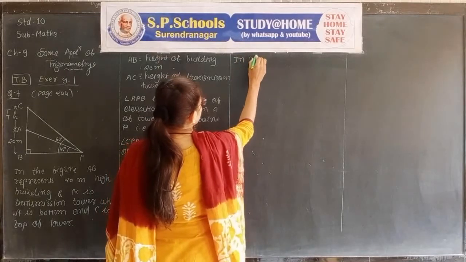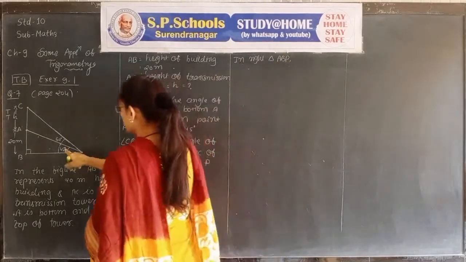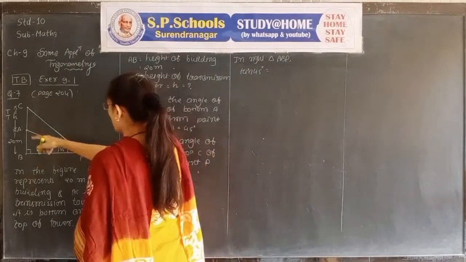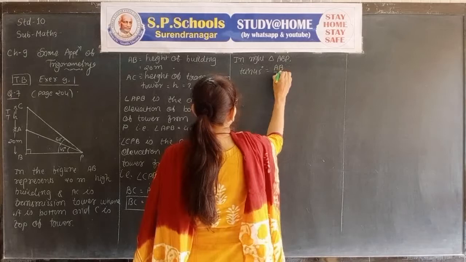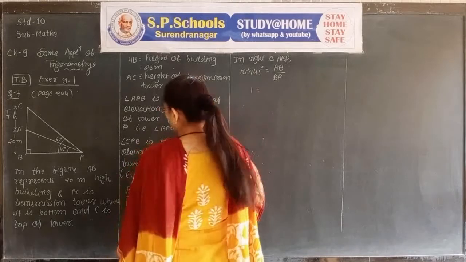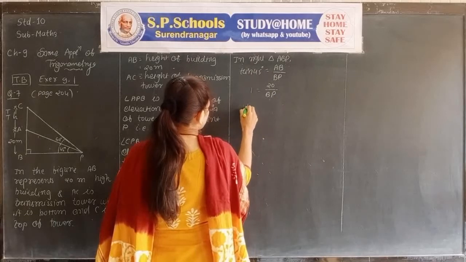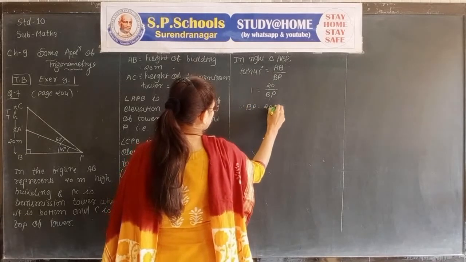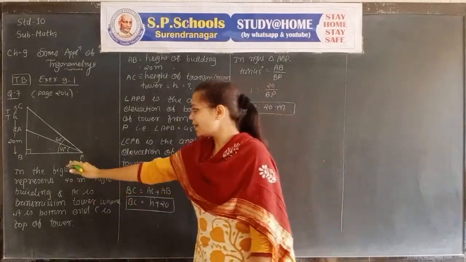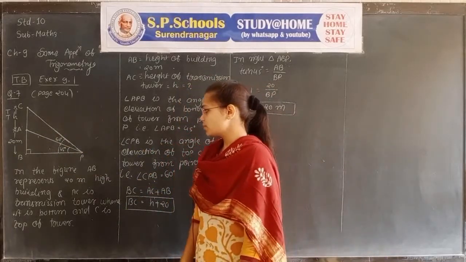In right triangle ABP, use tan 45. Tan 45 is equal to opposite AB upon adjacent BP, where tan 45 is equal to 1, AB is equal to 20, BP remains as it is. That's why BP is equal to 20 meter. We need not find BP, but BP is the side of triangle CBP, where we need to find H, the height of the transmission tower.